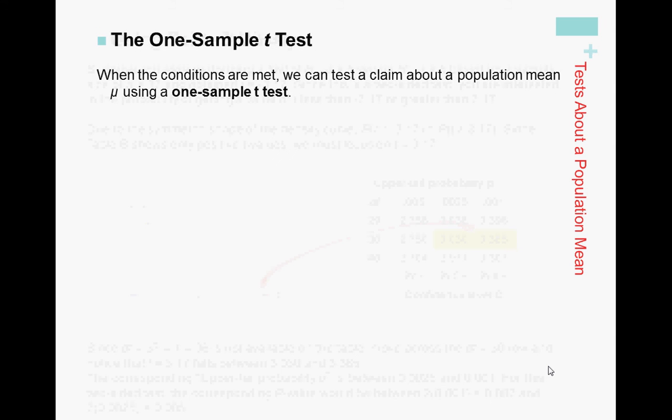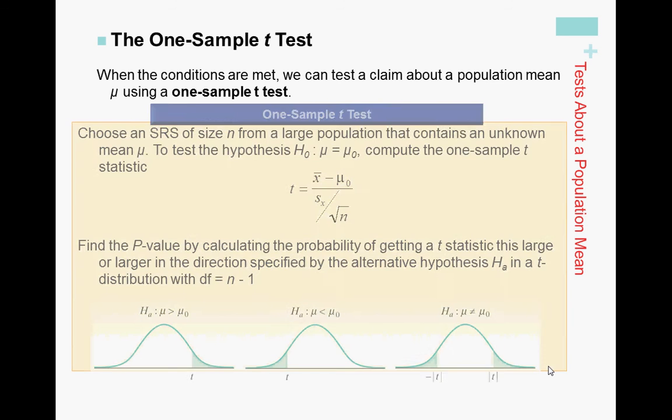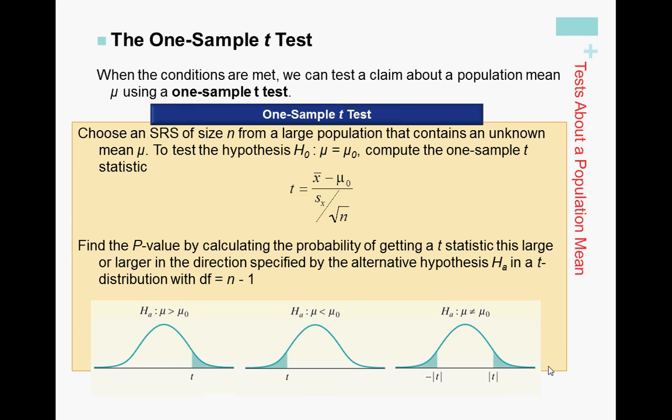Alright, the one sample t-test. When the conditions are met, we can test a claim about a population mean, mu, using a one sample t-test. So here's most everything we've already said, but just laid out in one place. We'll choose an SRS of size n from a large population that contains an unknown mean mu.